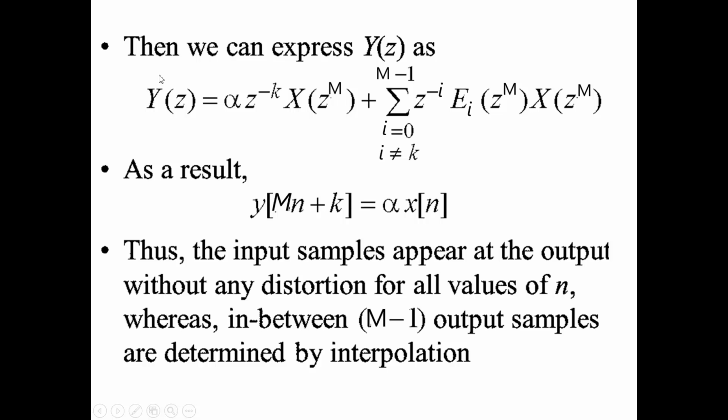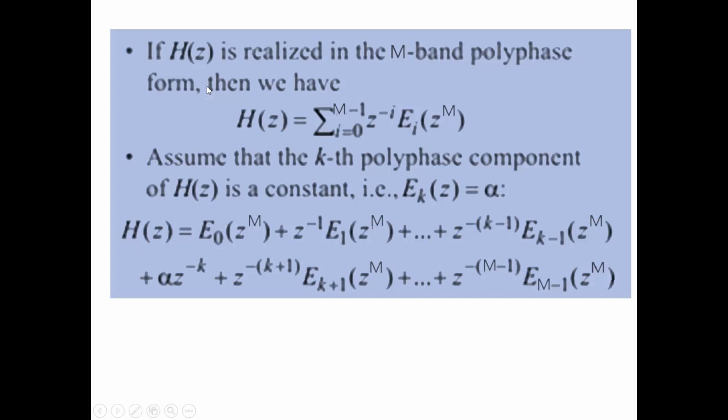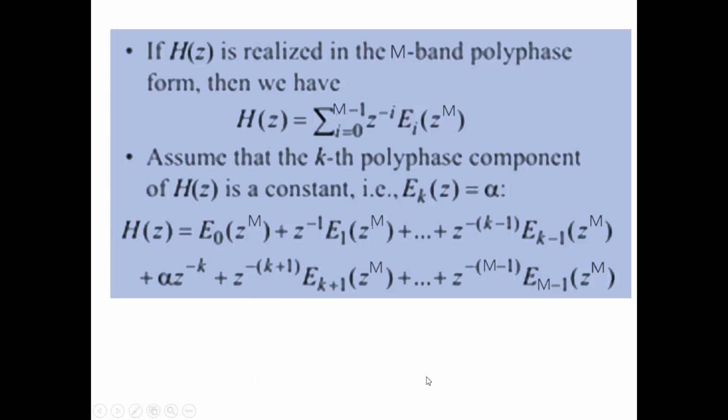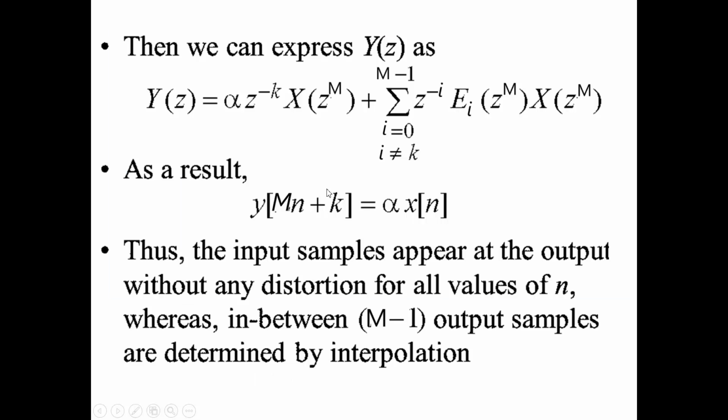Now, how to get Y(z) from the polyphase components? We know that Y(z) is equal to H(z) X(z^M). Because this is the kth term, and we have assumed that the kth term is constant, alpha z to the power minus k represents the H(z) part of the kth term, and X(z^M) is there because we have to go for Y(z).